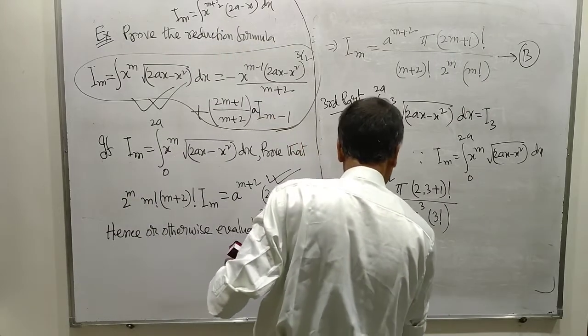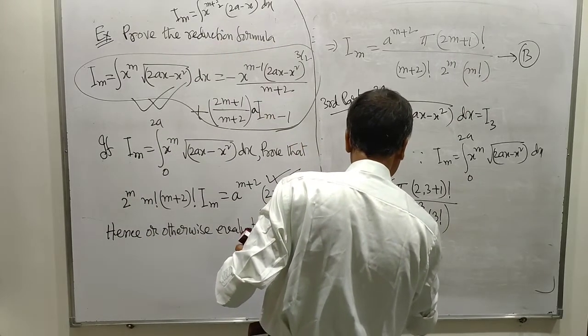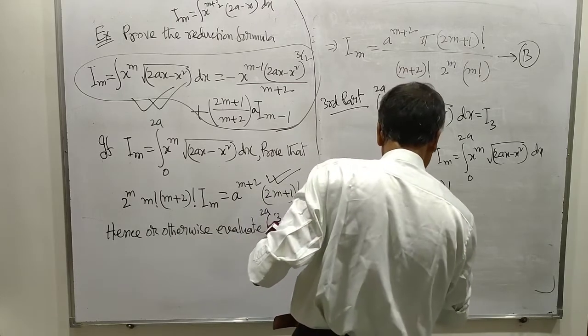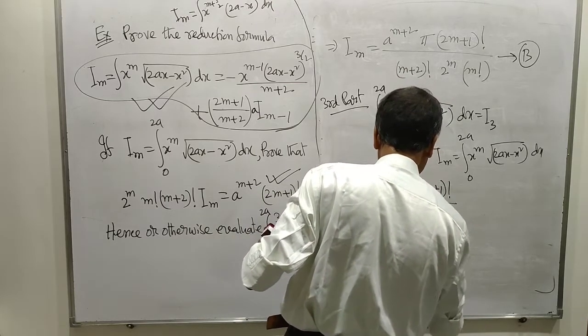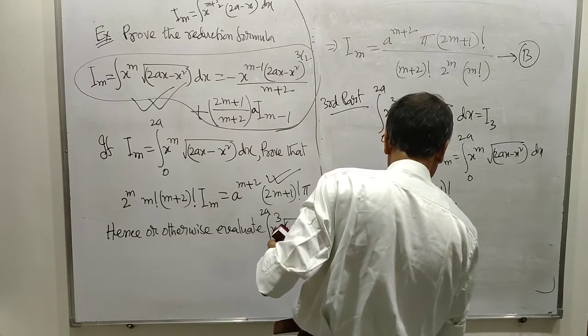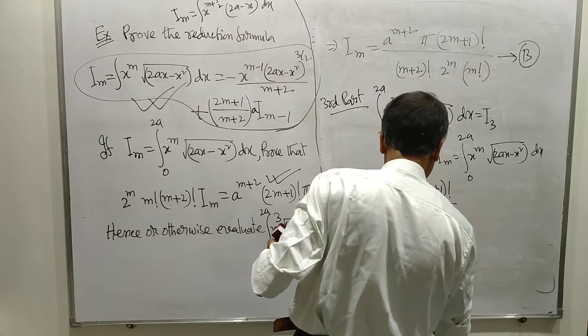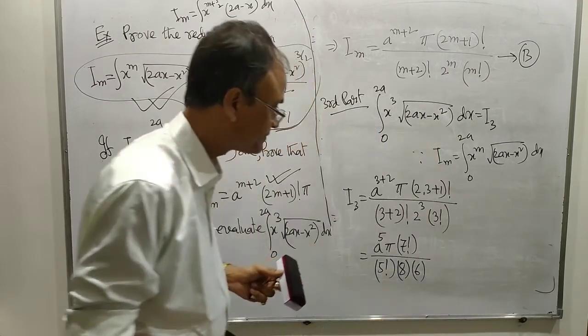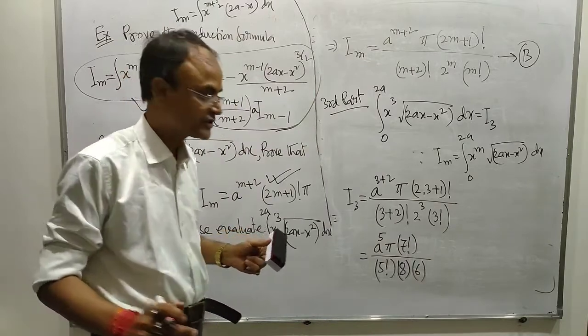This is equal to a to the power 5 pi factorial 7 divided by factorial 5. Factorial 3 means 6. Right? Factorial 3 means 6.